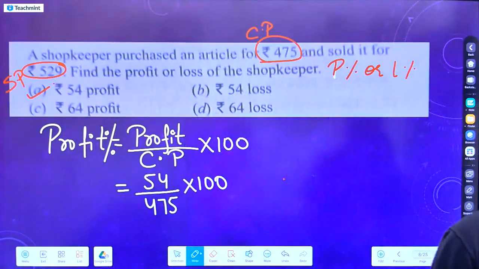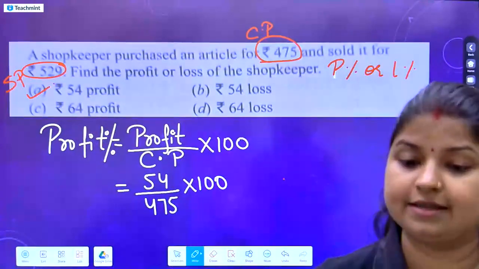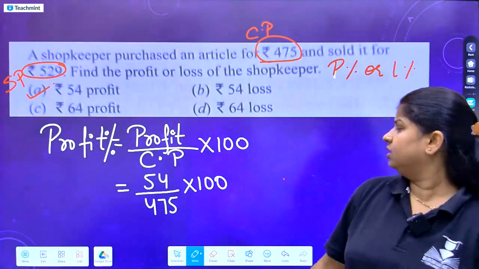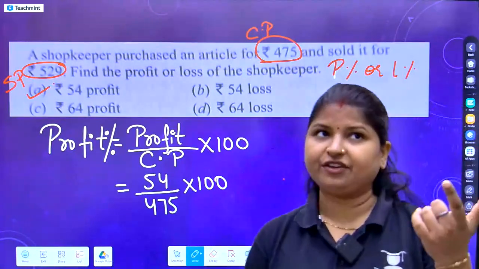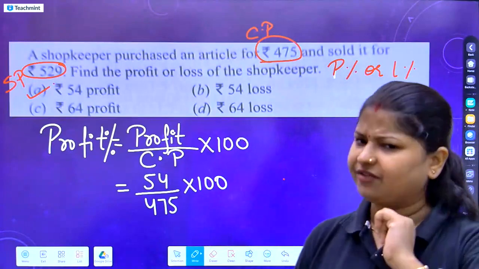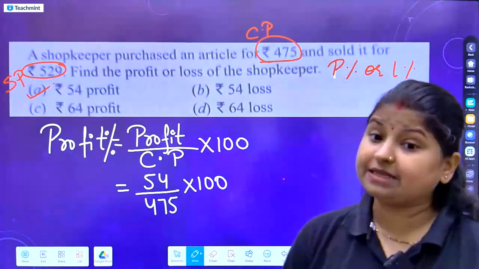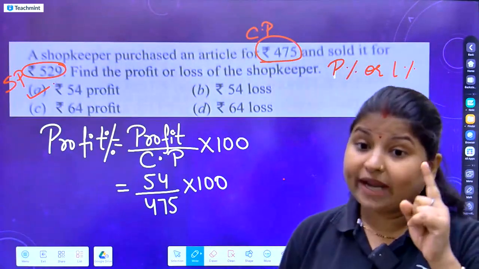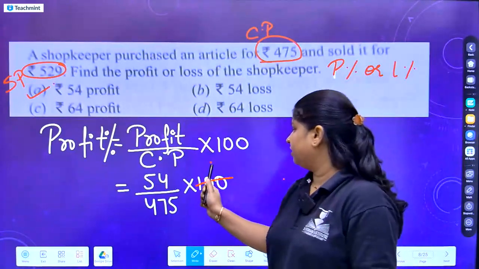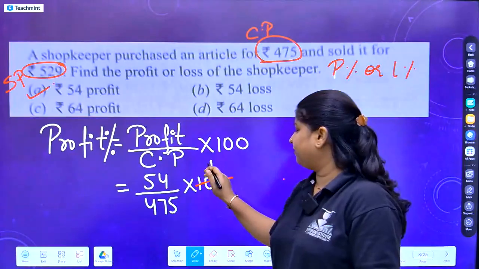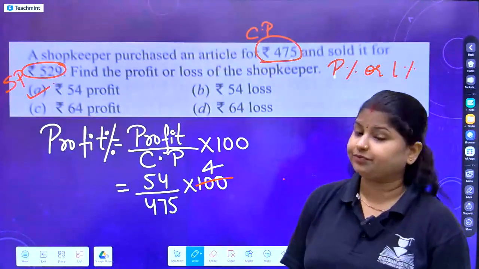Now you have to simplify this. So this 475 and 100, as far as I feel, can be simplified by 5 also, and by 25 also. 25 into 4 is 100.